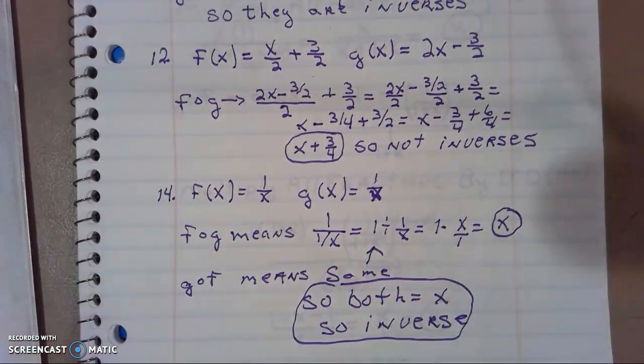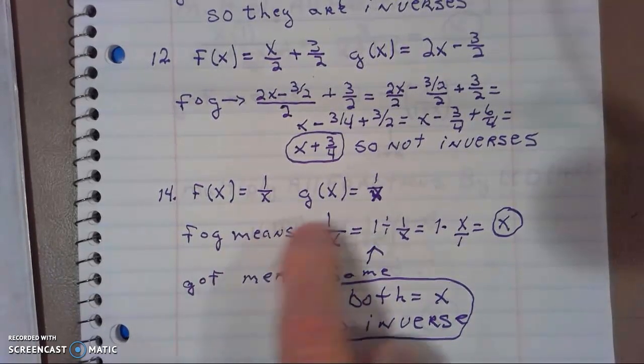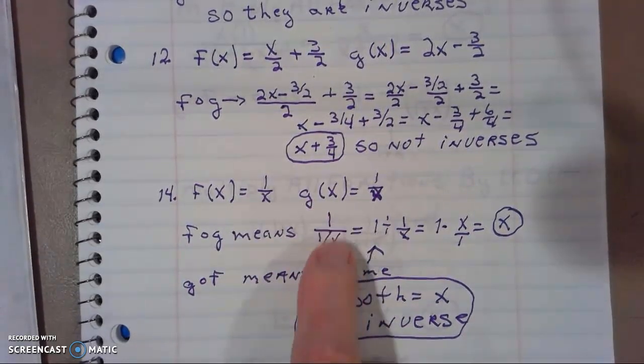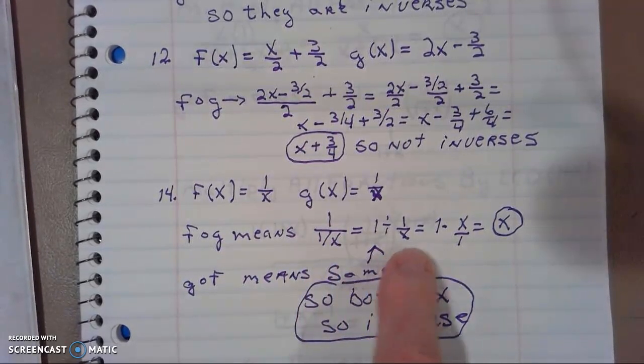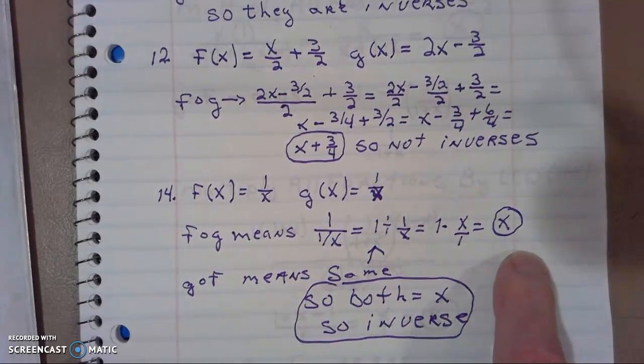Then, number 14, I have 1 over x and 1 over x. So on the first one, I take the g, 1 over x, and replace this x over here. So it's 1 divided by 1 over x. So 1 divided by 1 over x means 1 times x over 1, which is x.